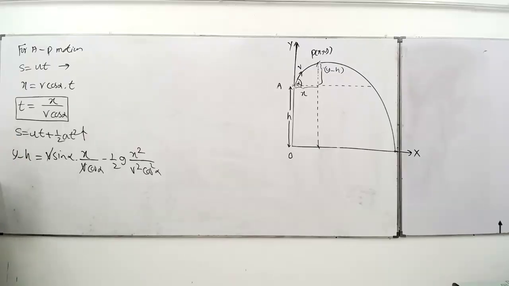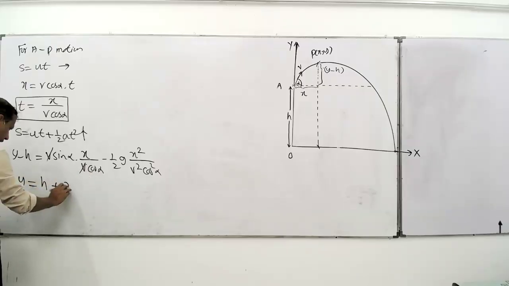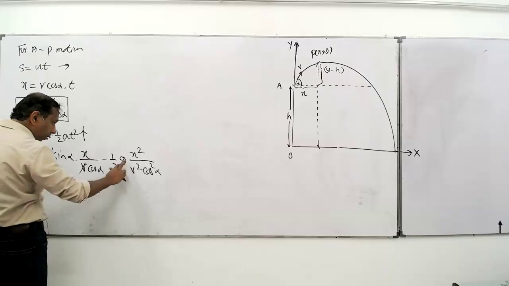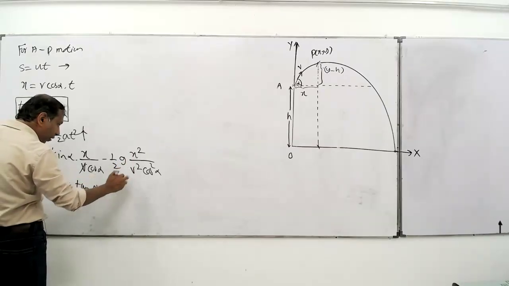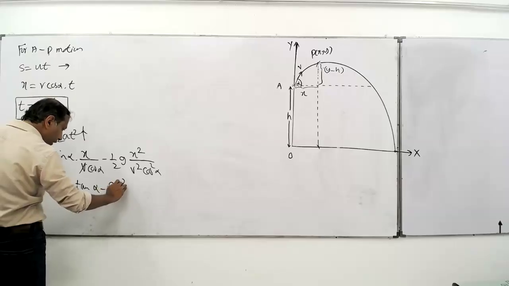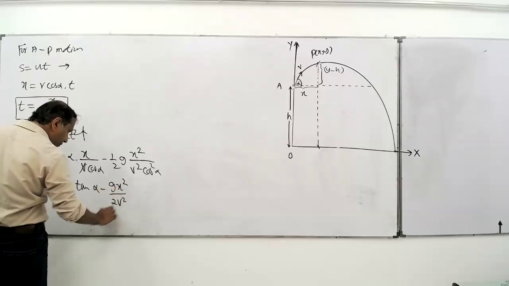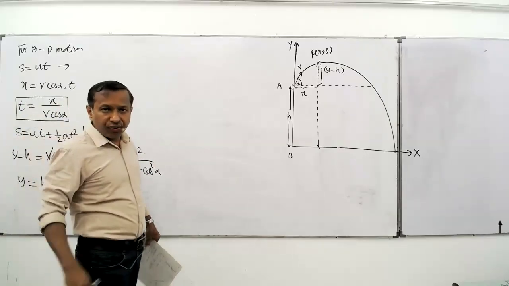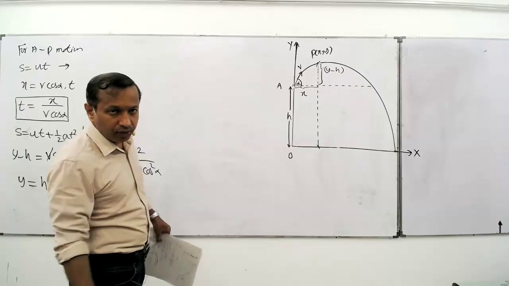Right. So people, bring this minus h to the right hand side, y equals plus h, and sine by cos is tan, x tan alpha. Here g x squared divided by 2v squared times 1 over cos squared alpha. 1 over cos squared alpha means people want tan squared alpha.